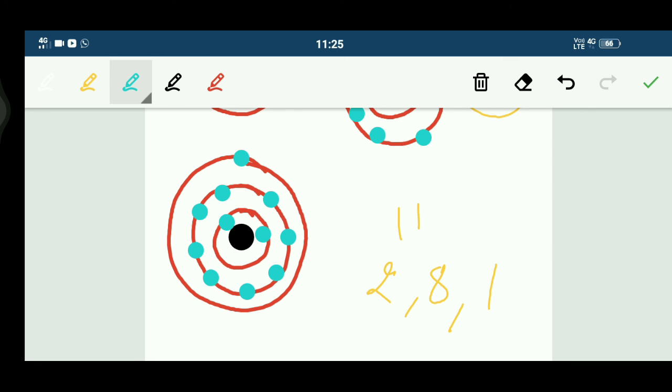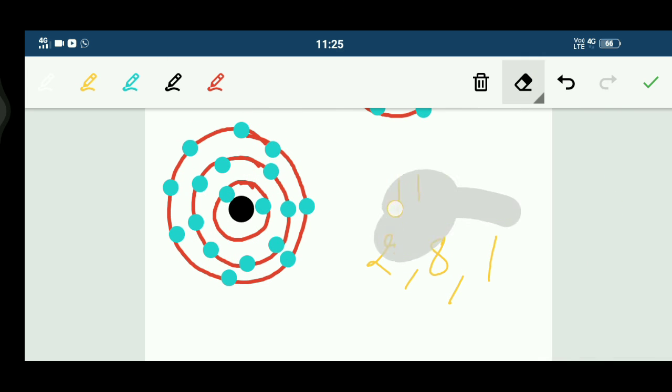Then similarly, for magnesium the outermost becomes 2, for aluminium 3, for silicon 4, for phosphorus 5, for sulfur 6, for chlorine 7, argon 8.